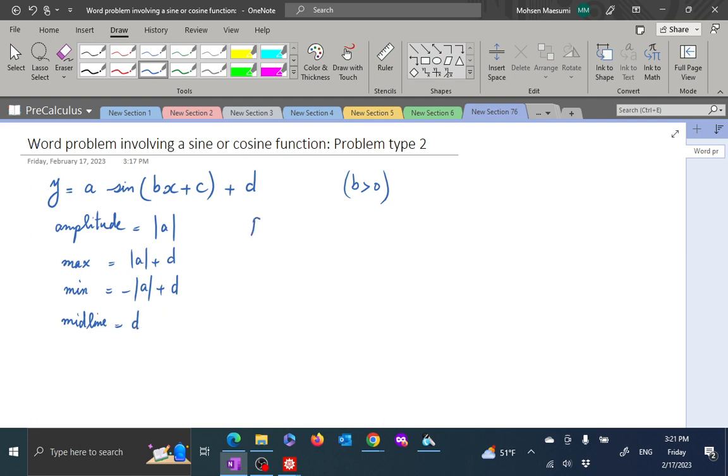Then we had the concept of period. Period is going to be the length of time it takes for the function to repeat itself. In these cases, it makes a lot more sense to use the letter t instead of x to indicate that t is time for us now.